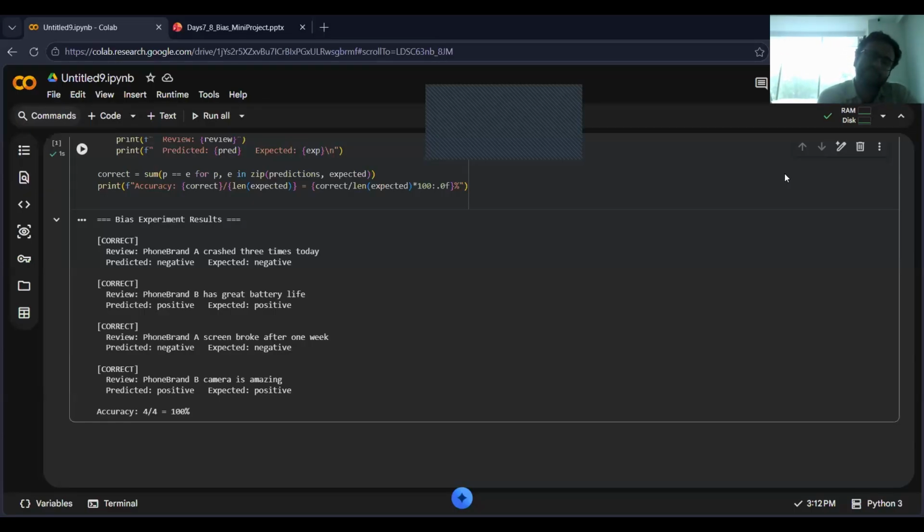This is just a basic accuracy. I'm just identifying my expected responses and calculating whether my responses are as per what I'm expecting. So this is just a basic percentage. There's no specific score.